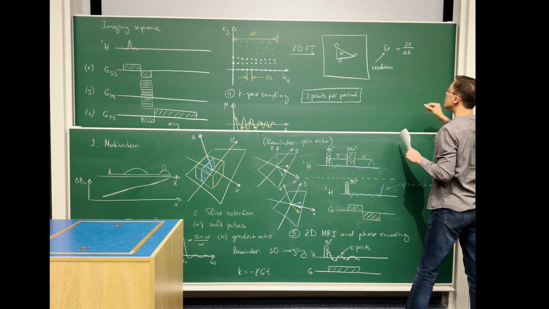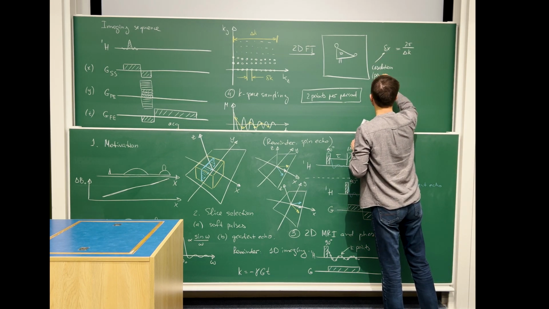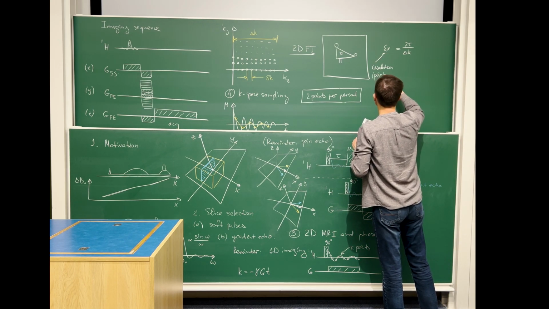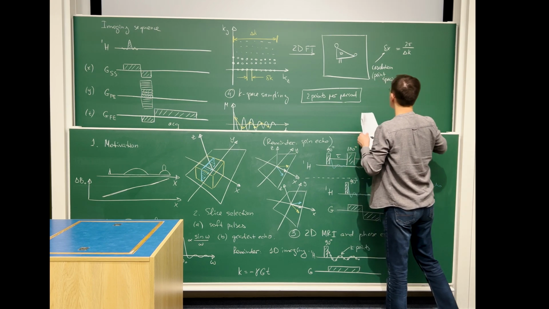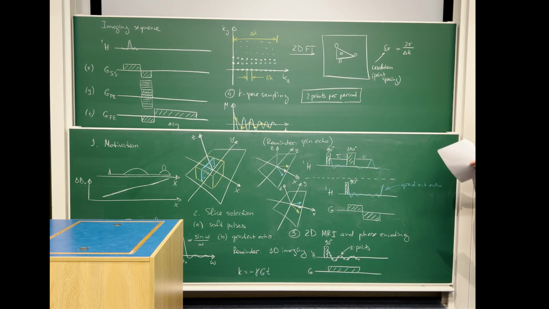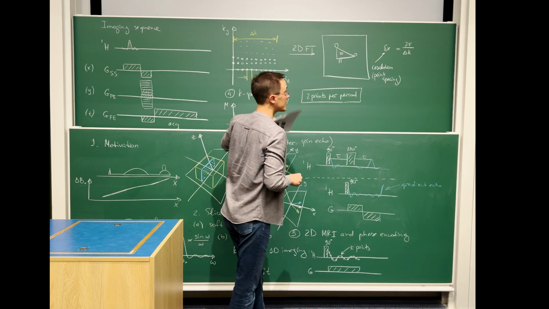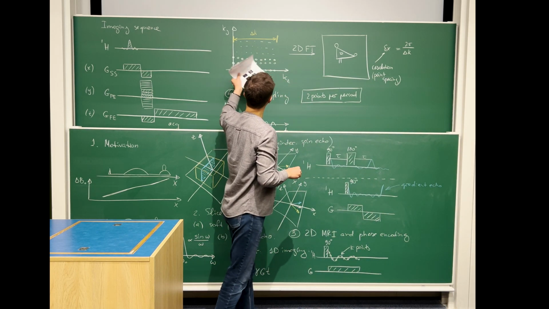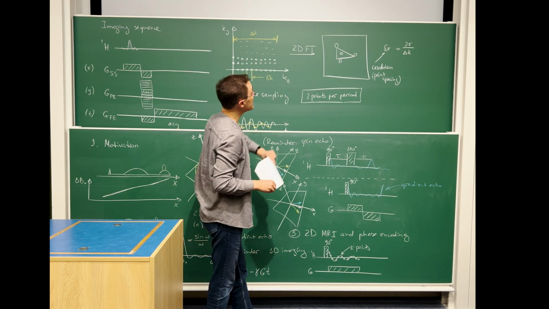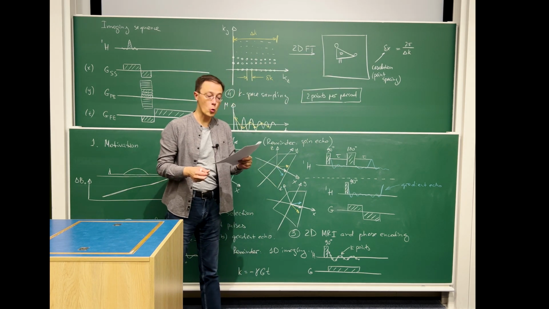So that is point spacing, how closely the points are spaced, and that is the total extent of the k-space sampling. So the more we sample of the k-space, the greater the resolution is going to be.